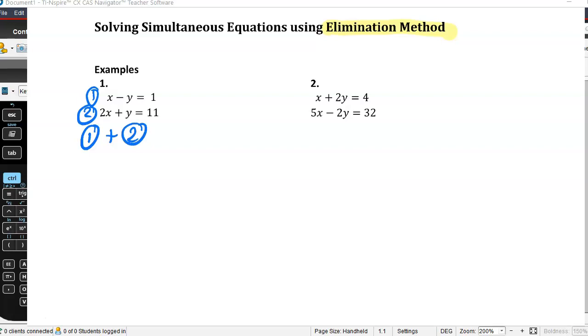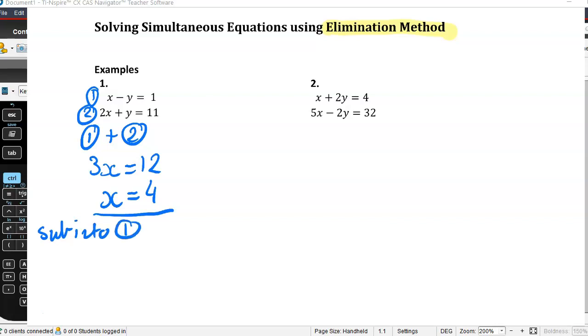Alright, so x plus 2x is 3x. Negative y plus y is no y. 1 plus 11 is 12. So 12 divided by 3 is 4. So x is equal to 4. I can then sub that into equation 1.